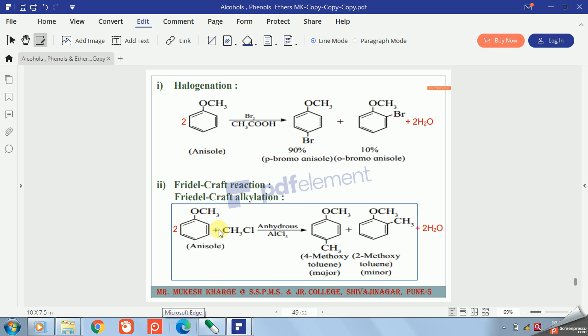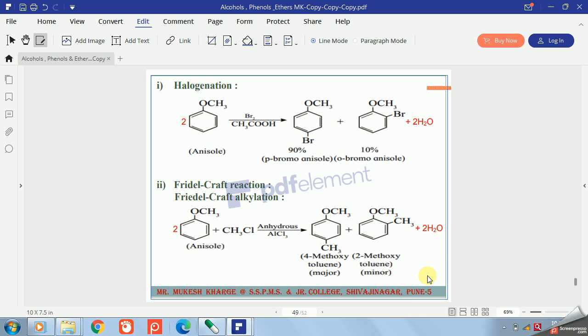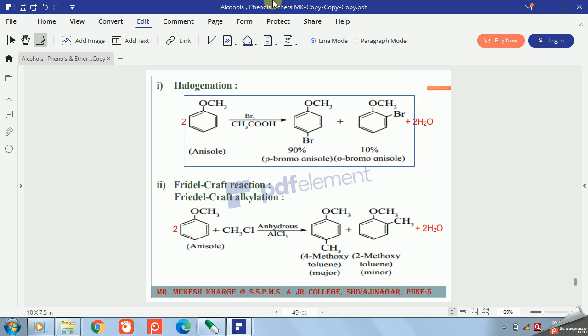2 moles. What we get? A mixture of 2-methoxytoluene and 4-methoxytoluene plus byproduct is 2 times HCl. Here the byproduct is different. It is not H2, it is HCl. This is the byproduct.